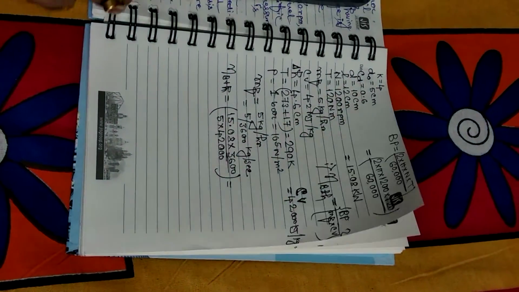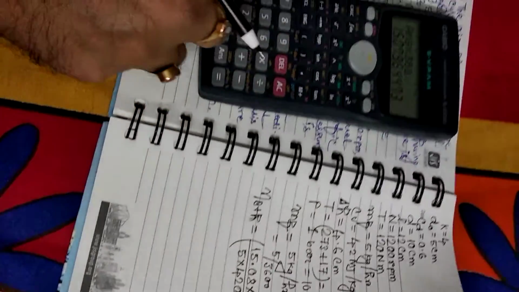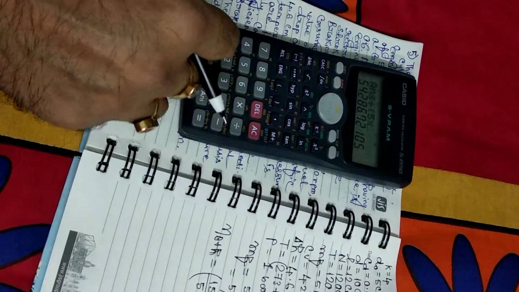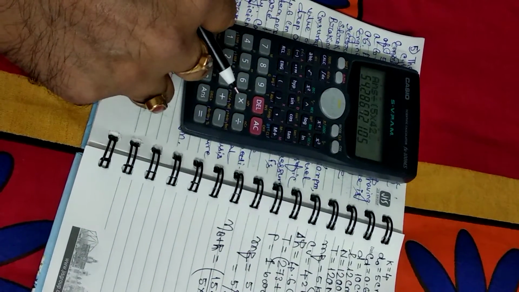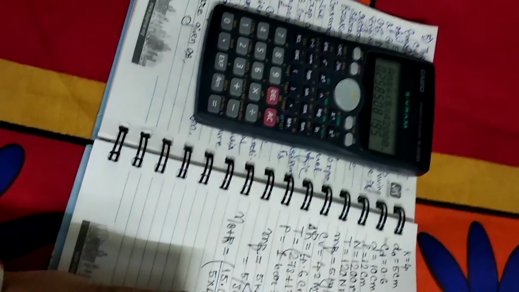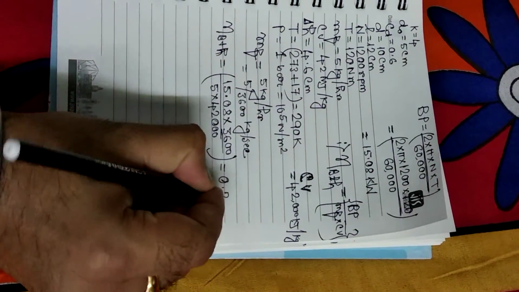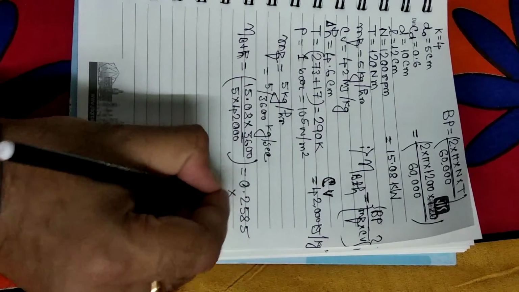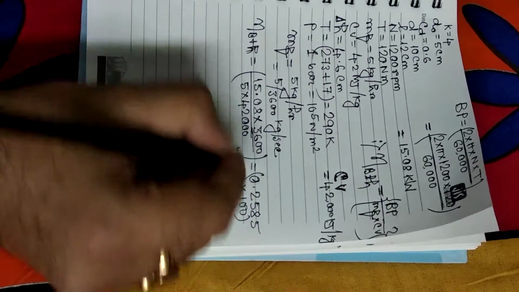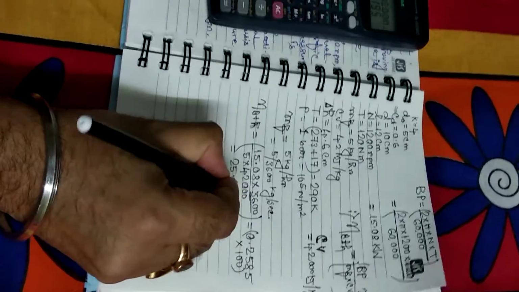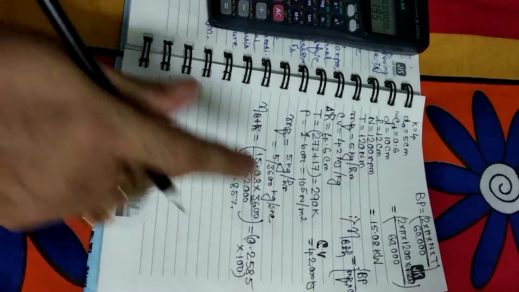So it will be 15.08 into 3600 divided by 5 into 42,000. 0.2585. It will be multiplied by 100 for efficiency. So it will be 25.85%. Okay.